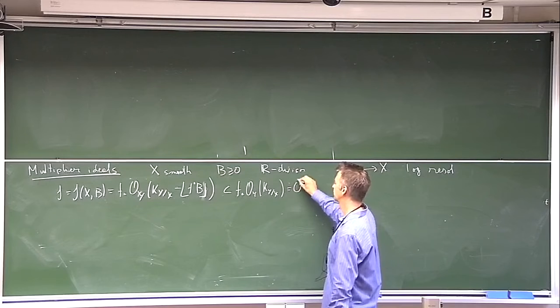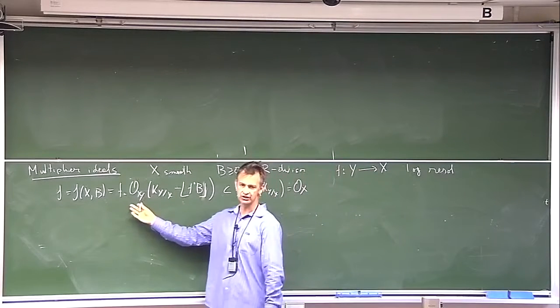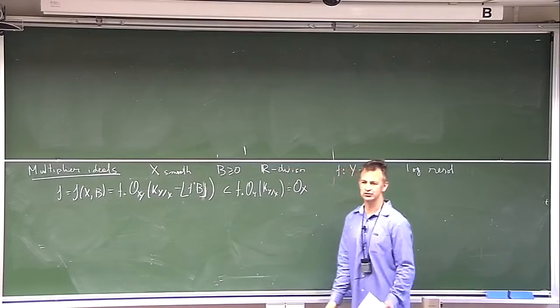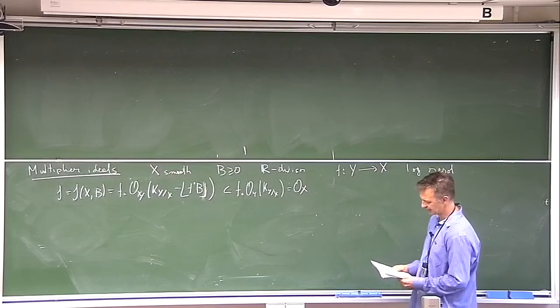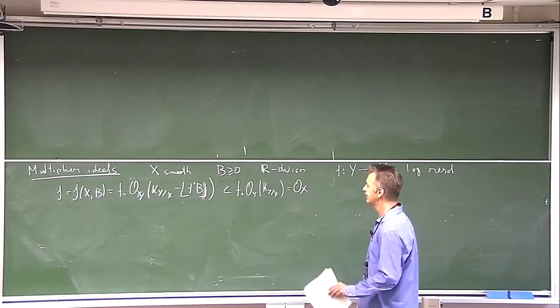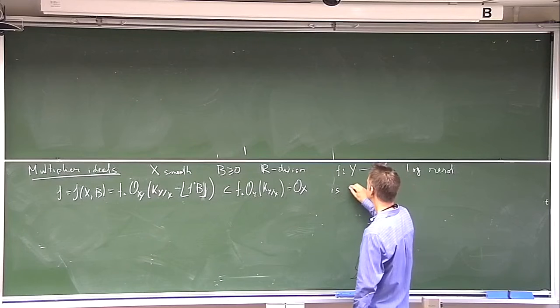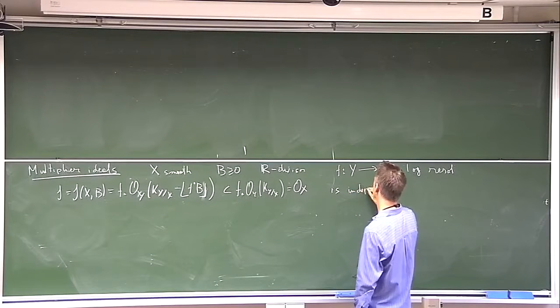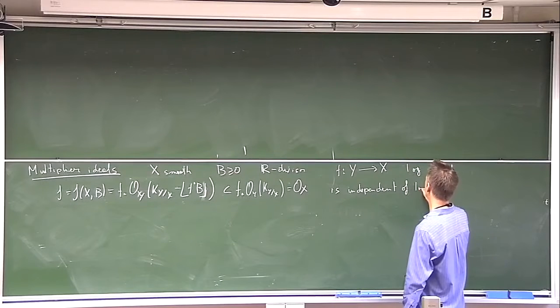So this pushforward is automatically O_X. Hence, this is clearly an ideal sheaf. The name multiplier ideal sheaf, well, it's unclear why we are calling it a multiplier ideal sheaf, but at least an ideal sheaf, it's clear. So it's an exercise that this is independent of the given log resolution.